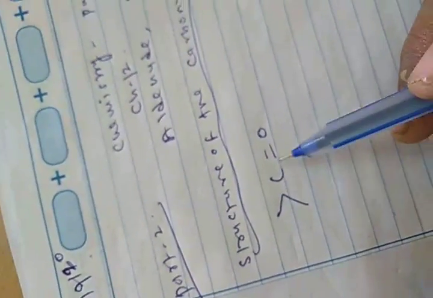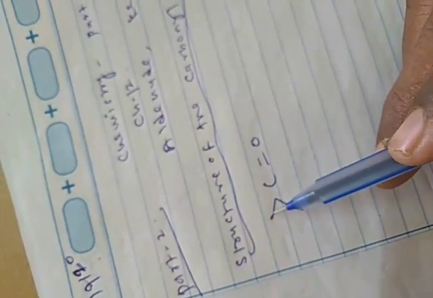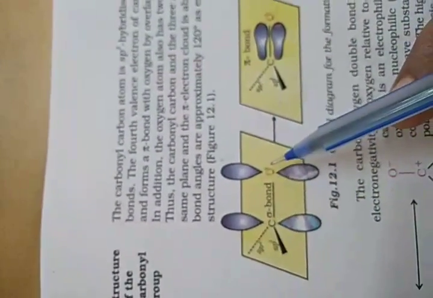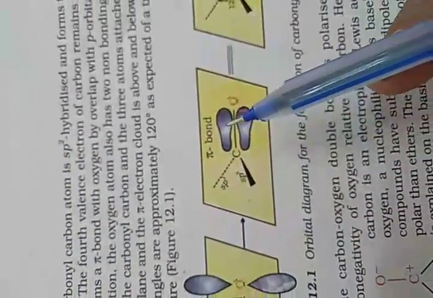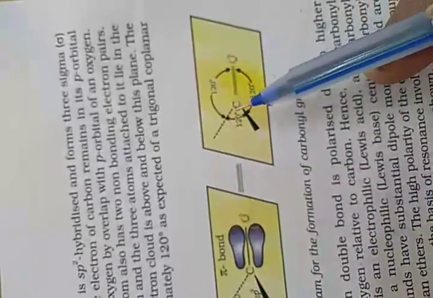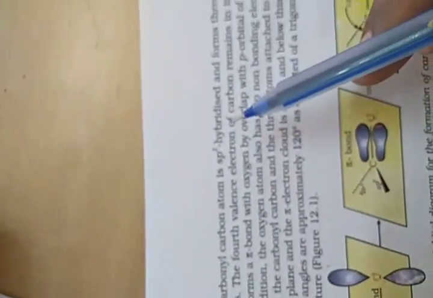You can see the structure of the carbonyl group: C double bond O, with single bonds here and here. It is shown as a carbon to carbonyl oxygen sigma bond, with the pi bond and the angle. The carbonyl carbon atom is sp2 hybridized and forms 3 sigma bonds.